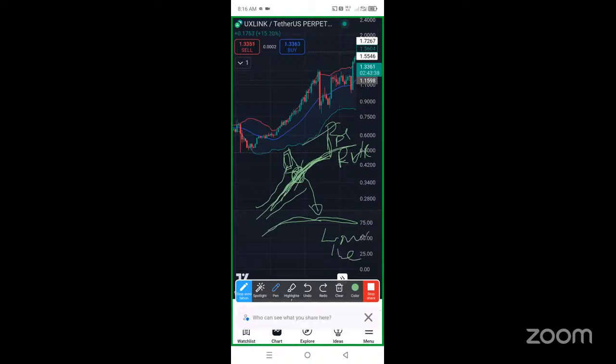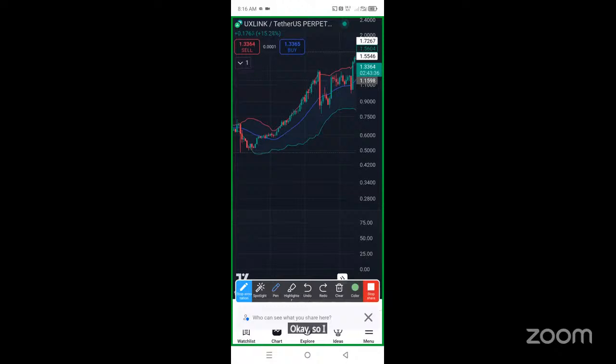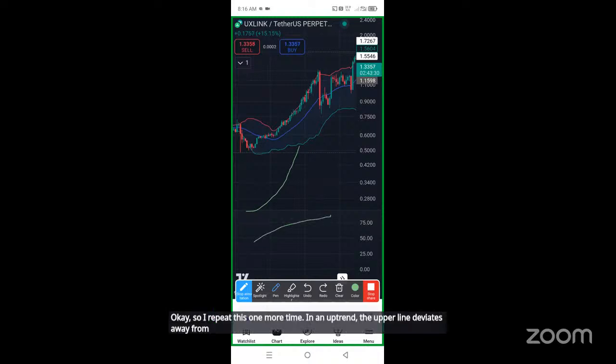Okay? So I repeat this one more time. In an uptrend, the upper line deviates away from the lower line. But what will be important there is that the middle line keeps track.